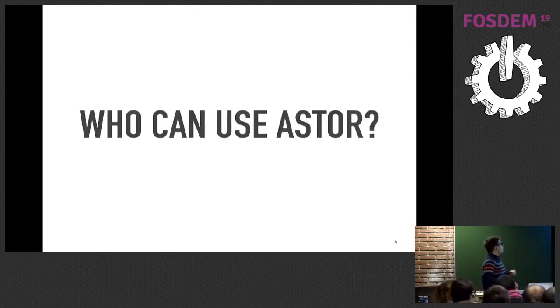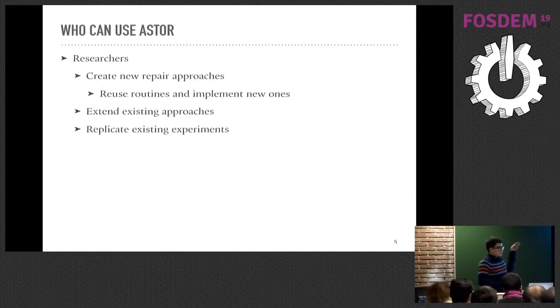So, how can we use Astor? Astor was used up to now for, let's say, the world of academic work, researchers from different universities that use Astor for creating new repair approaches or for extending those that are already provided.